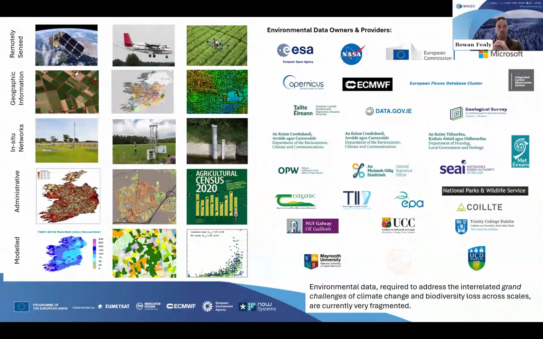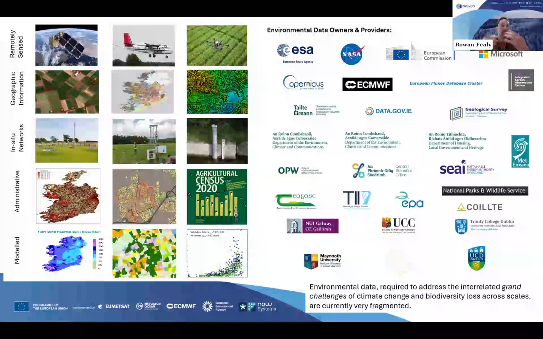Yeah, and I suppose one of the challenges we encountered here is that when you try and collect and collate all these disparate data sources, they're distributed across multiple different agencies, as Tim has just alluded to. For example, if you're looking for satellite data, you may have to go to ESA, NASA, or Microsoft Planetary Computer. If you're looking for climate data, you may need to go to Copernicus or ECMWF.